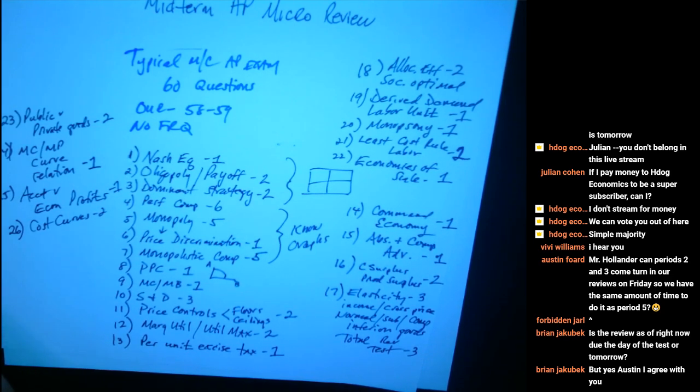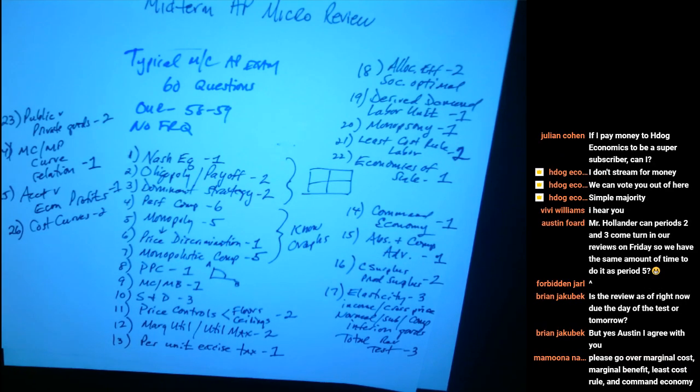So let's go to some questions here. All right, Austin. Can periods 2 and 3 turn in our reviews on Friday so we have the same amount of time to do it as period 5? Well, you know what? I would agree with that. I'm okay with that. However, here's the deal. That's fine if you guys want to turn it in at the end of the week.